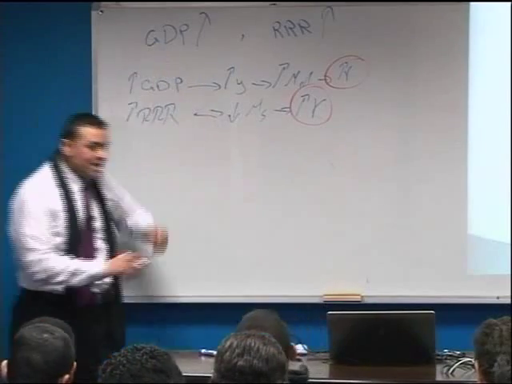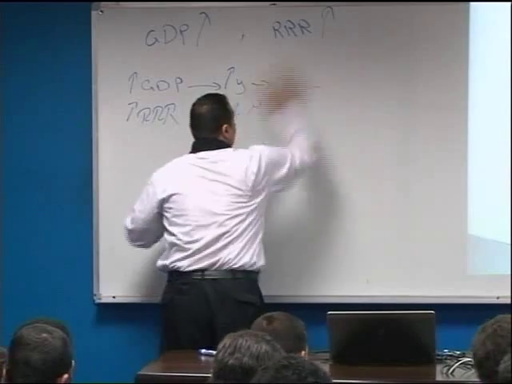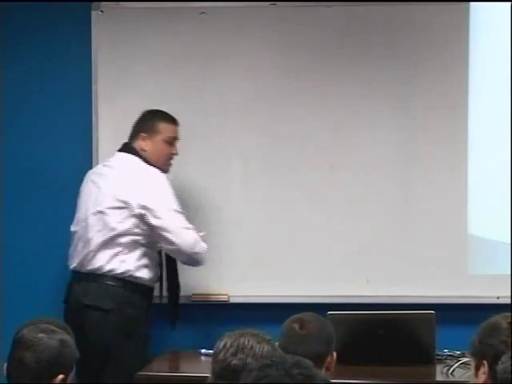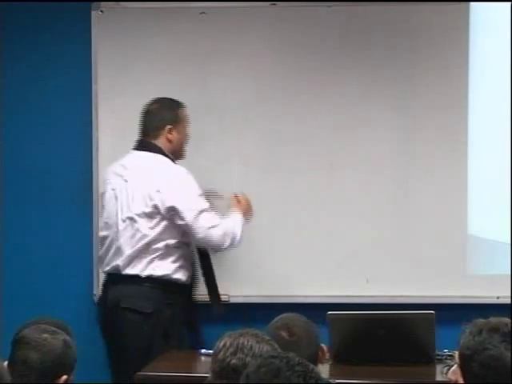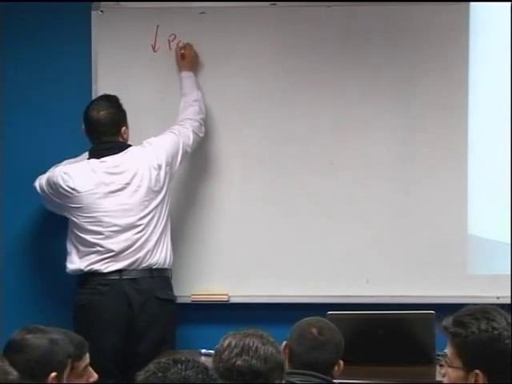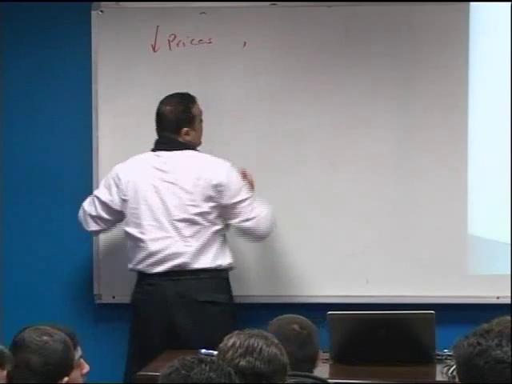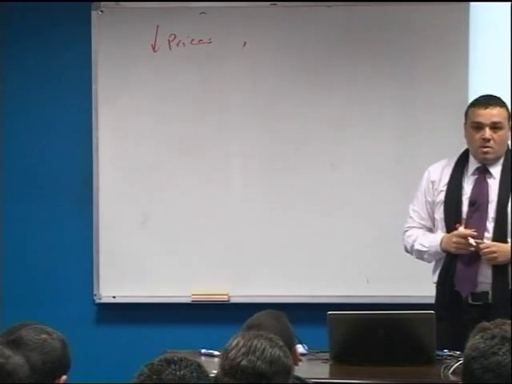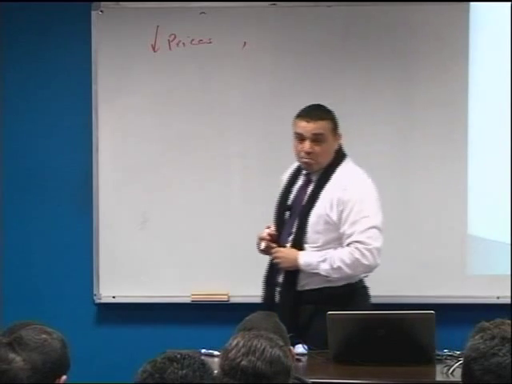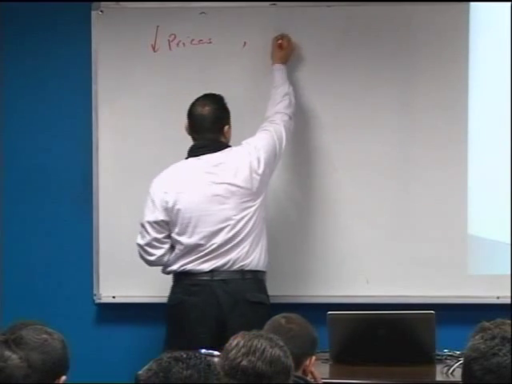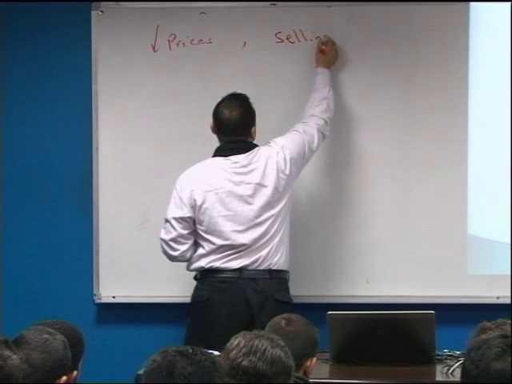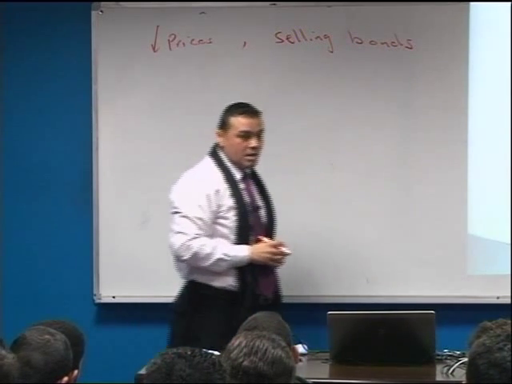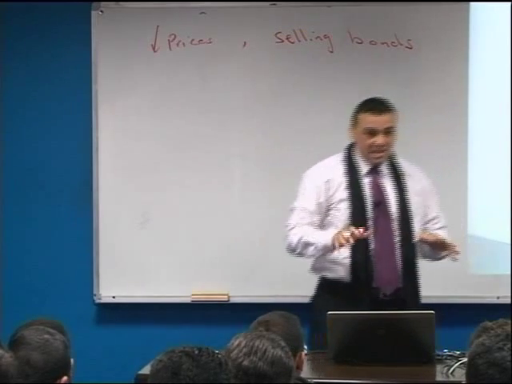Now suppose that prices declined, and at the same time the government sold bonds. What would happen to the equilibrium interest rate? Let's analyze.